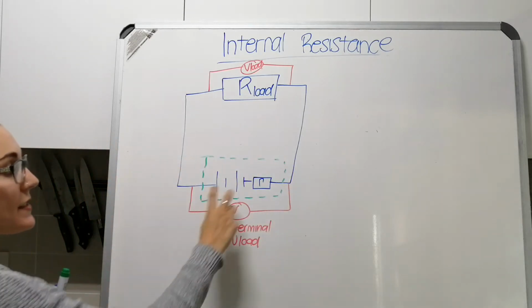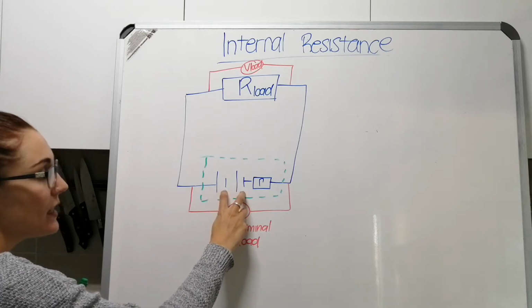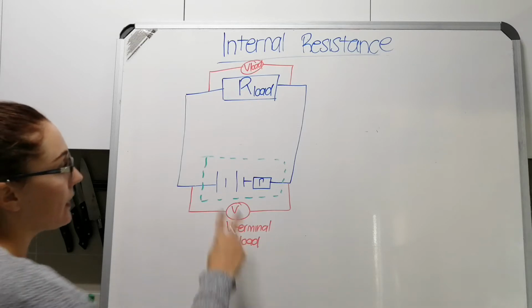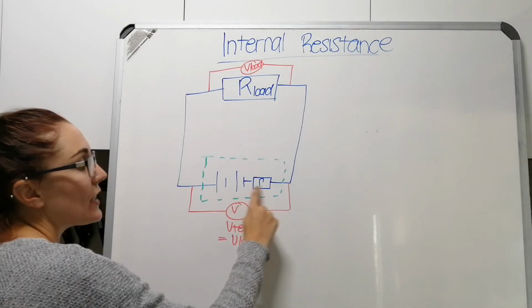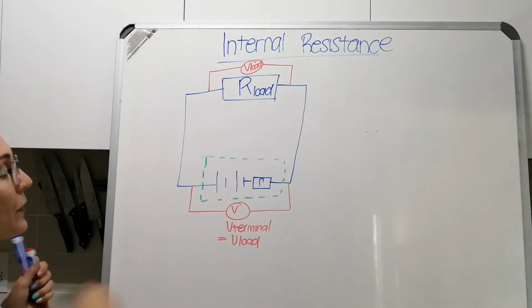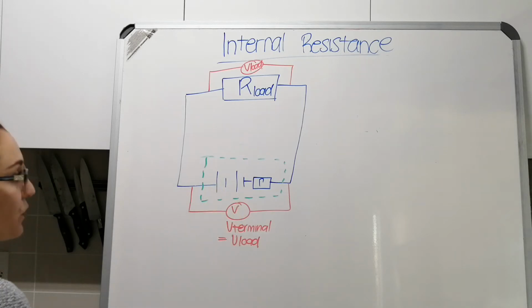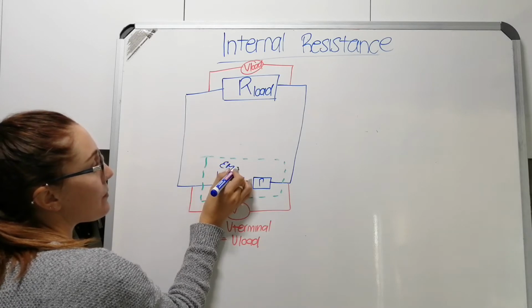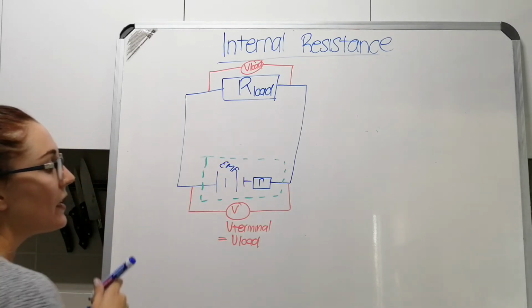Inside my battery, I have cells supplying current, or rather supplying energy in order to get my current going. And then I also have internal resistance. Now within my cell, if I want to work out the EMF, remember the EMF is the actual energy being supplied by this cell.